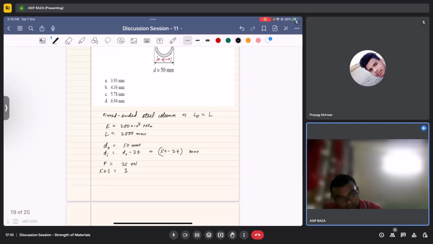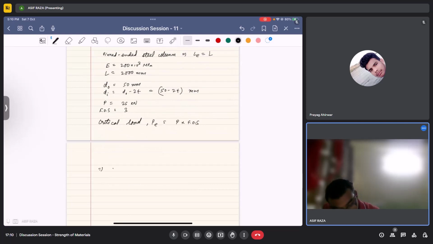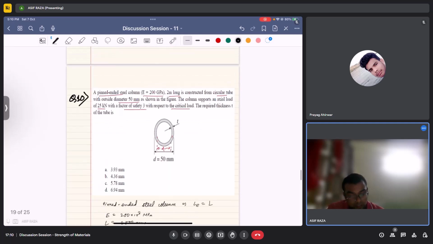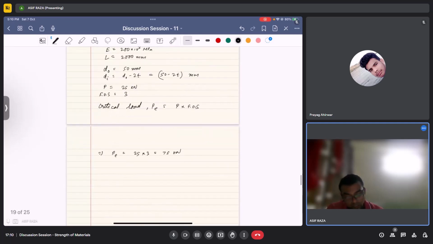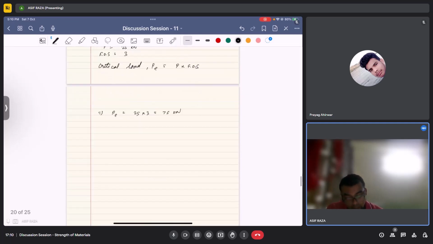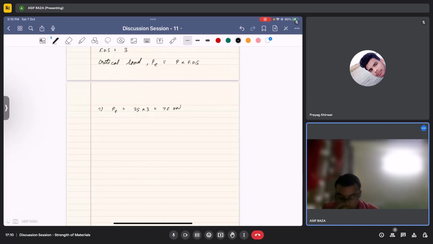So my critical load PE would be what? PE times factor of safety, that is 25 into 3, 75 kilonewton. Now let us find this critical load using the Euler buckling load.